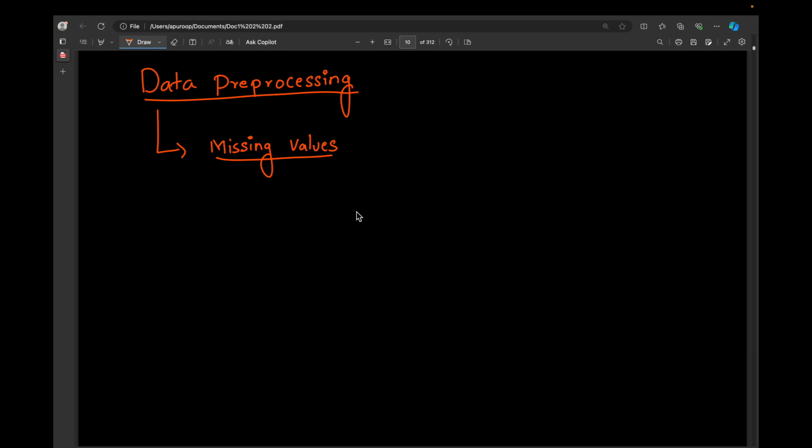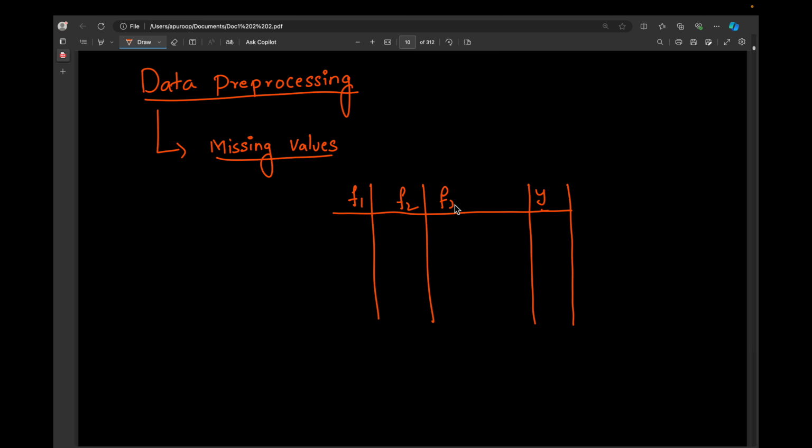Let's say our output is y. Y is the output variable, and we are collecting data for this. In order to predict this y, we thought feature 1, feature 2, feature 3, and feature 4 are really important.